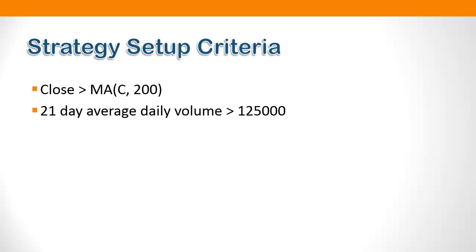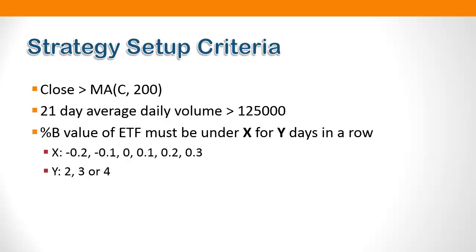The 21-day average daily volume has to be greater than 125,000. The %B value of the ETF must be under X for Y days in a row. X can take on the value of minus 0.2, minus 0.1, 0, 0.1, 0.2, or 0.3. They form different variations. And Y can be 2, 3, or 4.